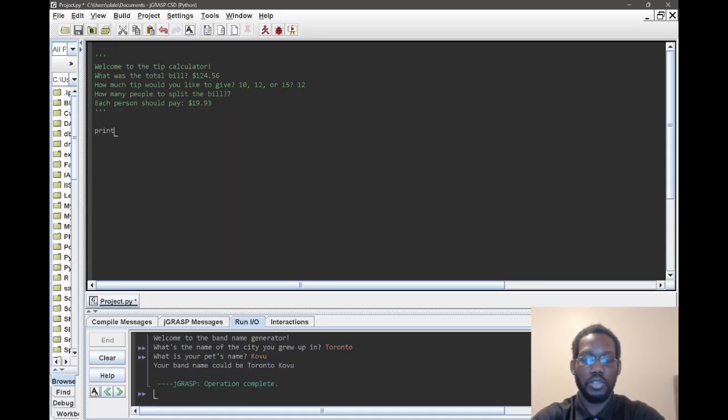We'll need a print function first. Let's put in quotes, "Welcome to the tip calculator." Next, "What was the total bill?"